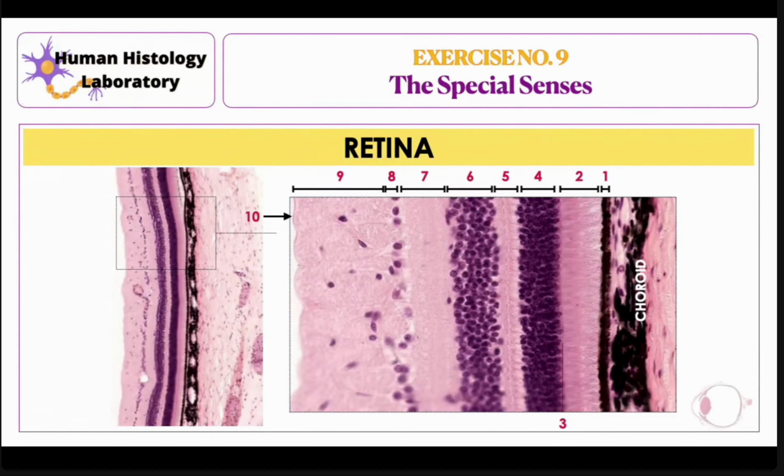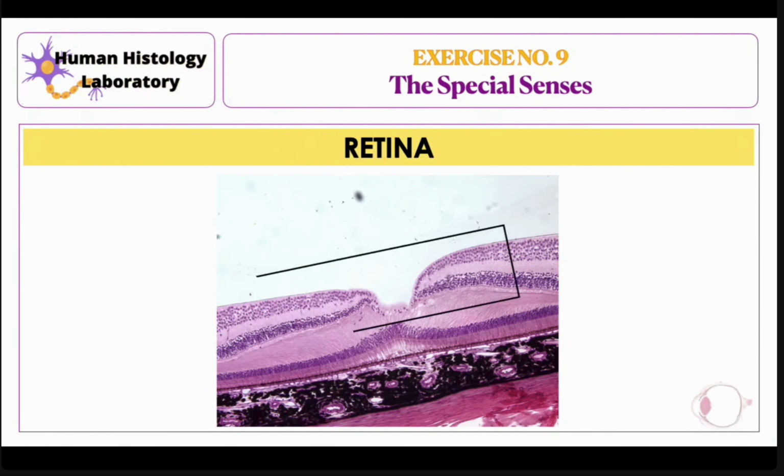Once you have located all 10 layers, scan through the entire retina to look for the fovea. So the fovea is a small depression in the retina that lies at the center of a larger oval-shaped area we call the macula lutea. The fovea is on the visual axis of the eye and therefore provides the area of highest visual acuity or resolution in the retina.